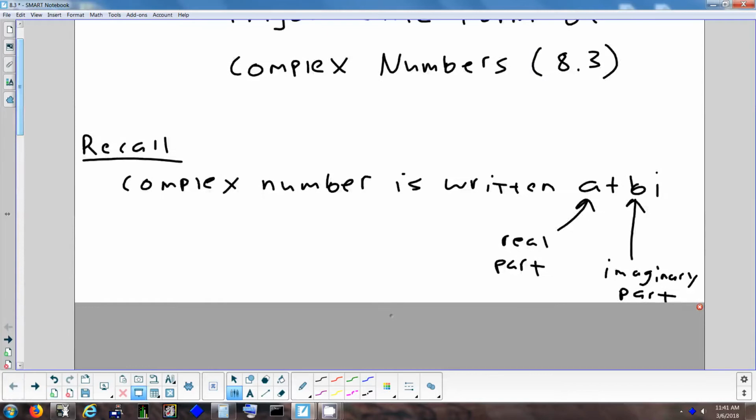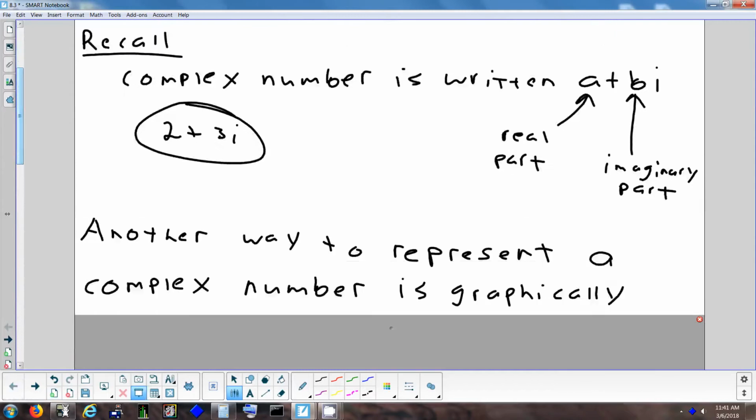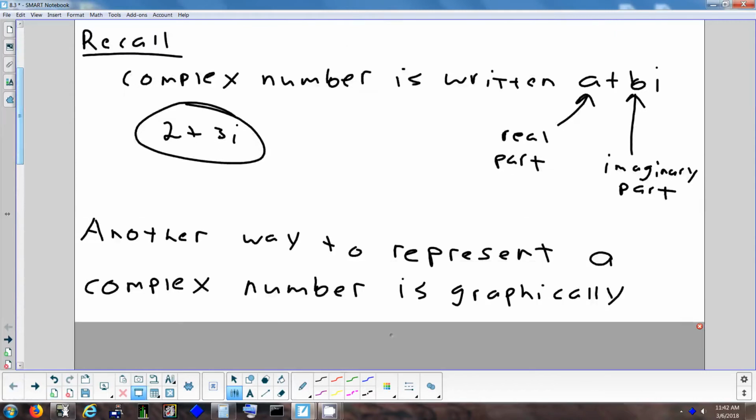Okay. Remember that this is how you normally write an imaginary number. So you could have something like 2 plus 3i. In that number, 2 is the real part, 3 is considered the imaginary part. Basic algebra 2 stuff. Well, what we can do is we can graph that number. Okay? Graphing a complex number is super easy.